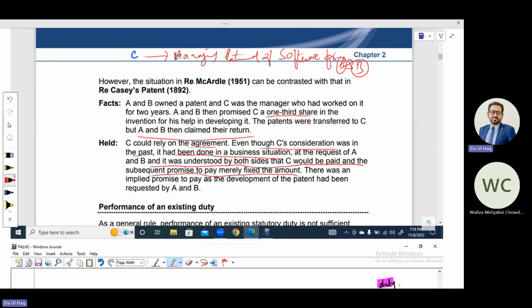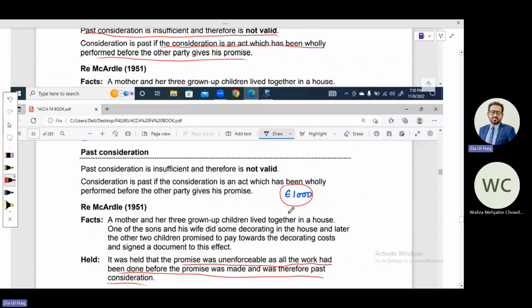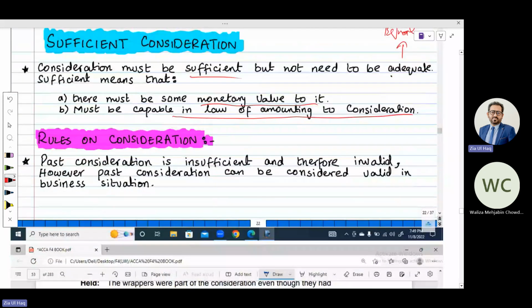What this case is saying is that past consideration is not a valid consideration, but in case of a business situation, past consideration will be considered valid consideration. So past consideration is insufficient and therefore invalid. However, past consideration can be considered valid in a business situation.